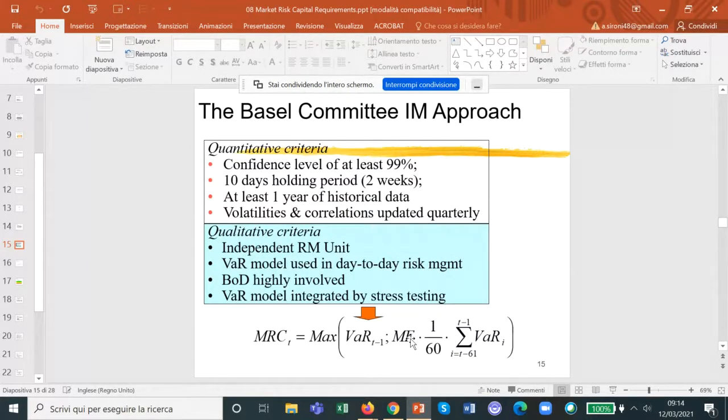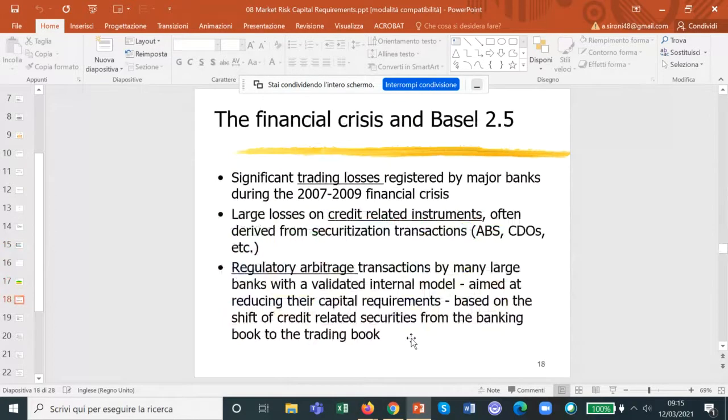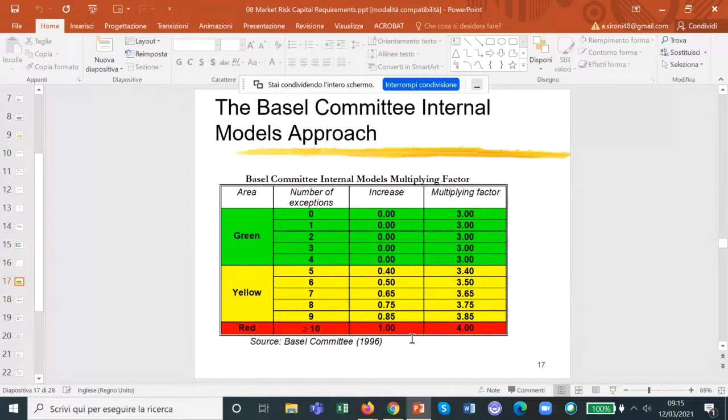So you can understand from this equation that unless you had a very significant shock in the last day, what is really relevant is the average of the last 60 days multiplied by a multiplying factor, okay? So that's the way the capital requirement for market risks are actually computed, starting from 1996, okay?